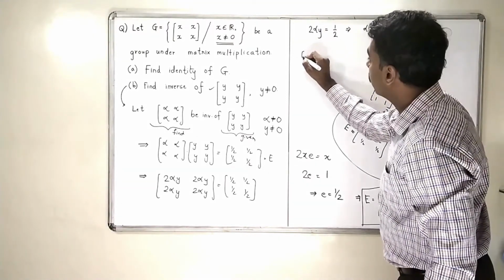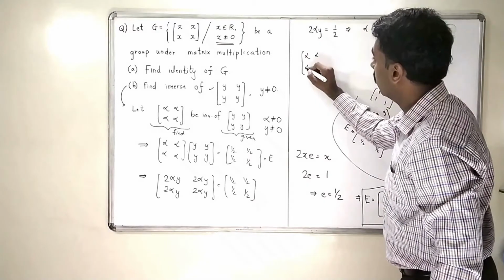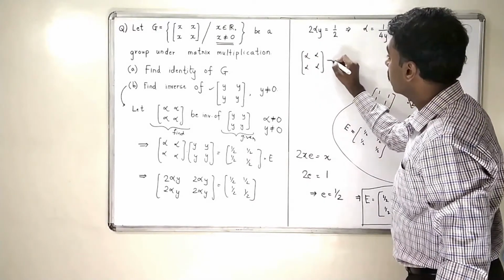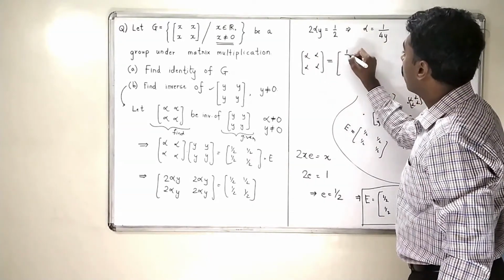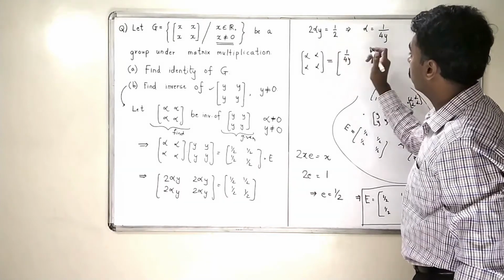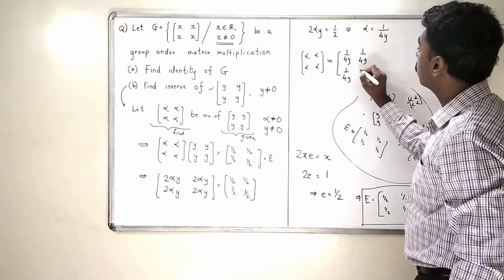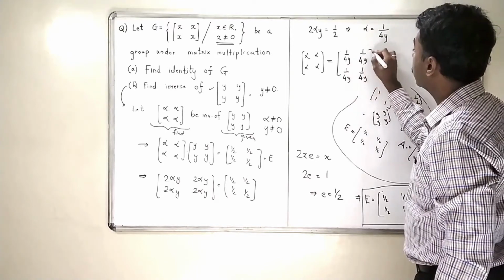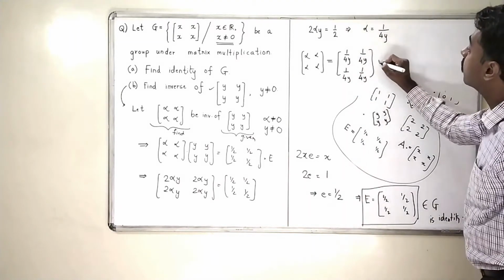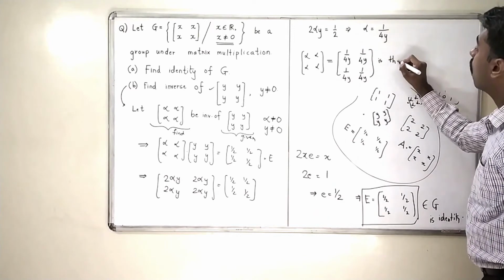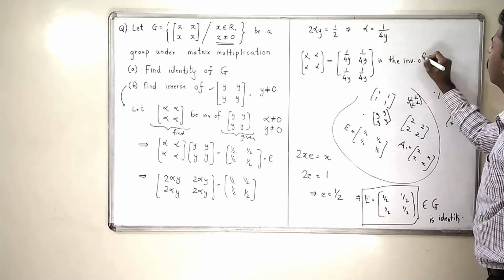Means the matrix alpha, alpha, alpha, alpha which we wanted to find is nothing but what? 1 upon 4y, because alpha is 1 upon 4y, 1 upon 4y, 1 upon 4y, 1 upon 4y. So this matrix is the inverse of which matrix?